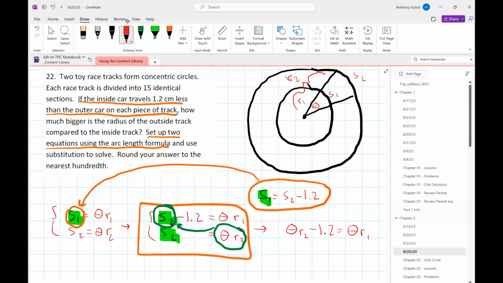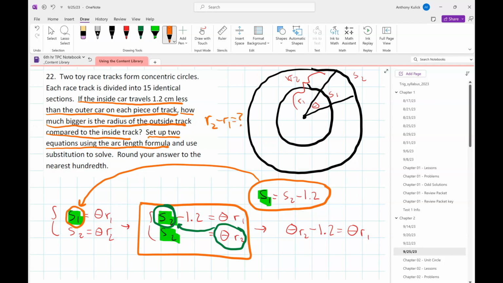Now this still looks to be a problem because I see two unknowns. I see R2 and R1, but just one equation, right? But if I look at this closely, it says how much bigger is the radius of the outside track compared to the inside track?